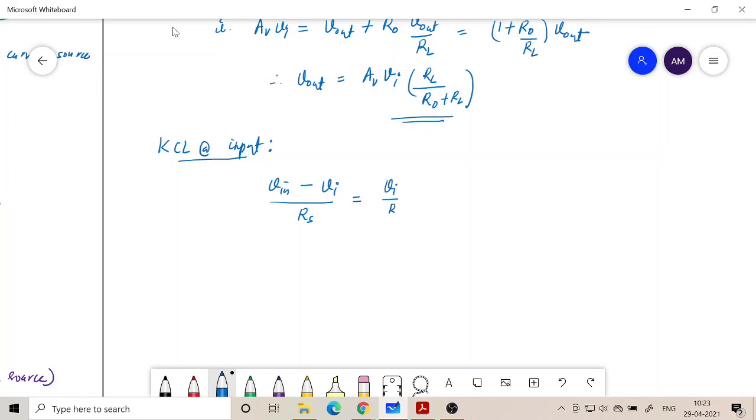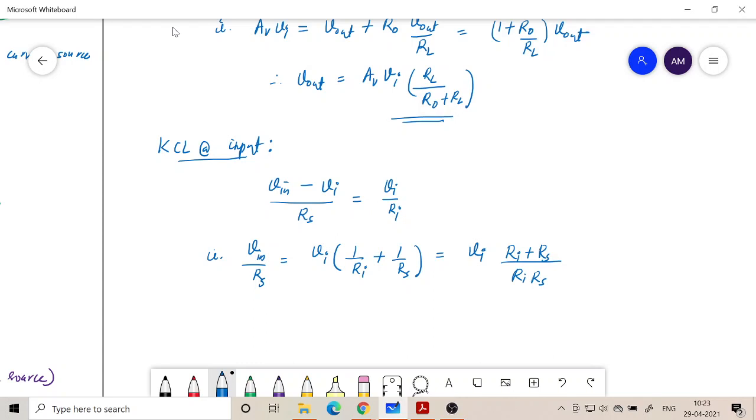If you now simplify this, V in by RS is equal to VI into 1 by RI plus 1 by RS, or in other words VI into RI plus RS divided by RI RS.